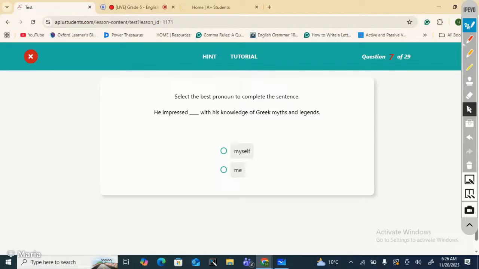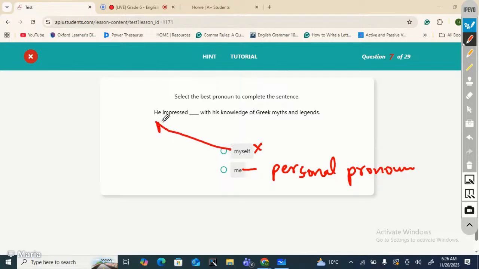Asha, you are saying me. So you are saying we must use me, a personal pronoun, because we don't require a reflexive pronoun. Because if you use this, it does not refer back to the subject.